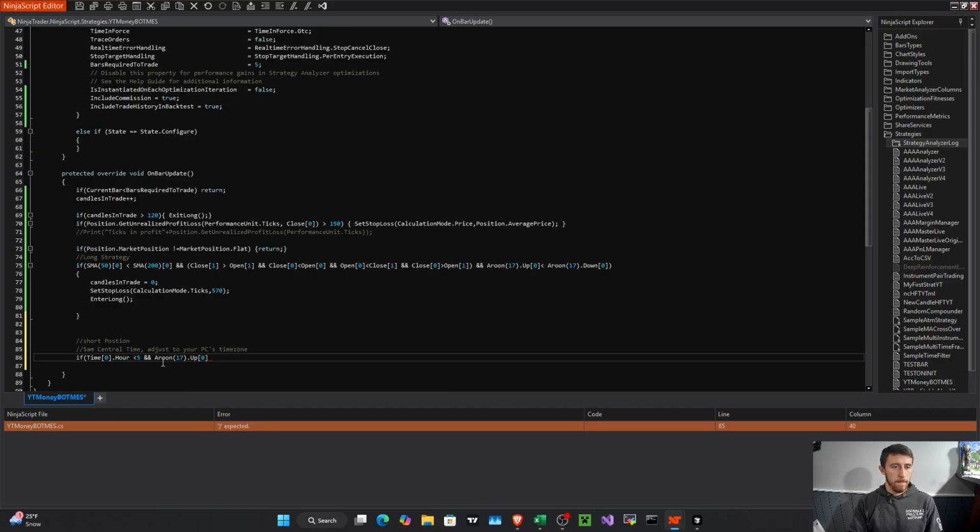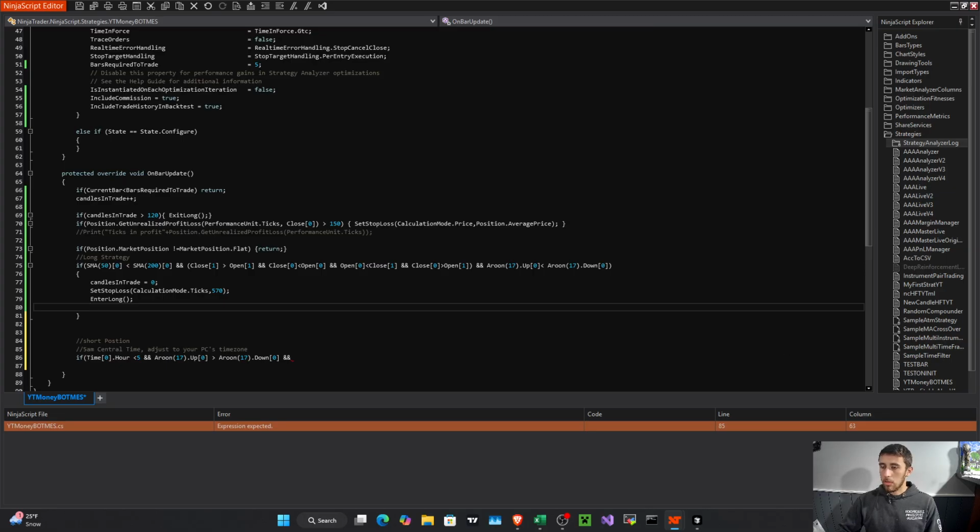Now it needs to be greater than a rune 17 down the most recent. So the difference is less than or greater than, but other than that, it's the exact same.